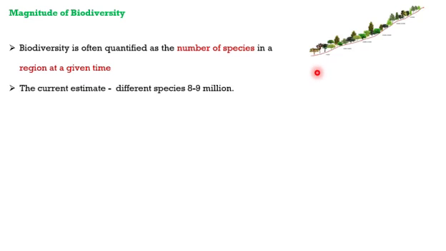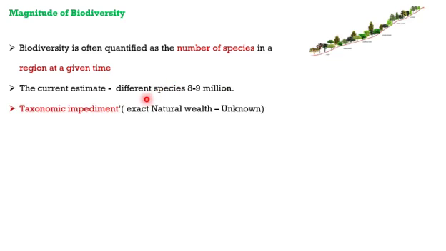So far, the current estimate of different species that are alive on the planet is around 8 to 9 million, which is really quite huge. And the exact number of unknown species is still yet to be identified.